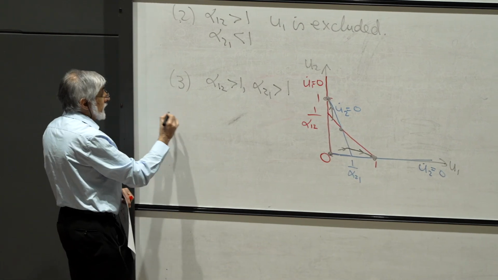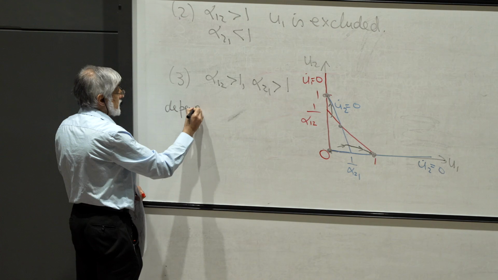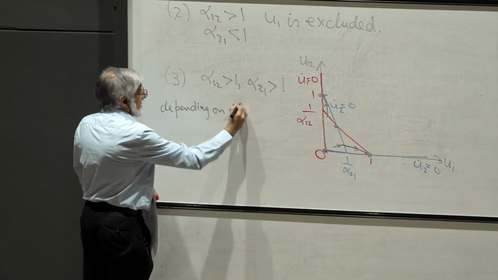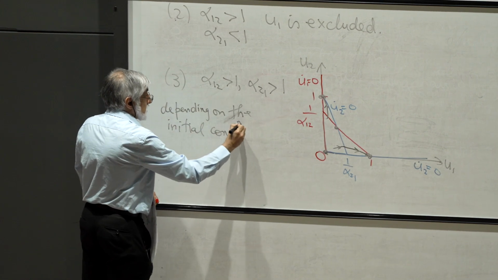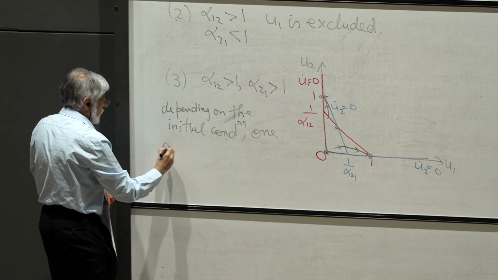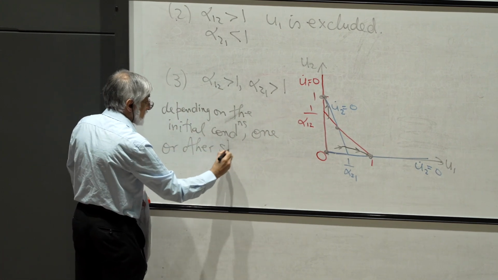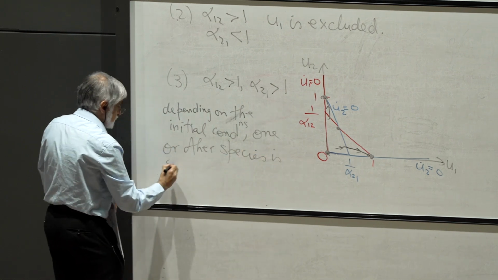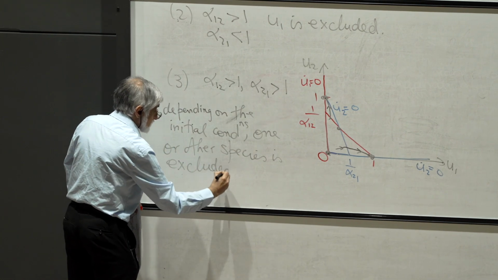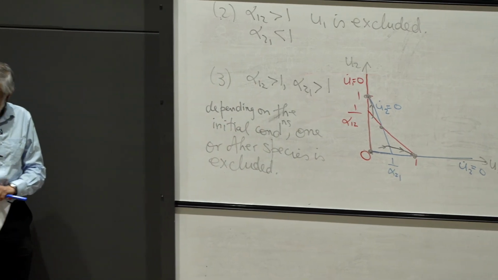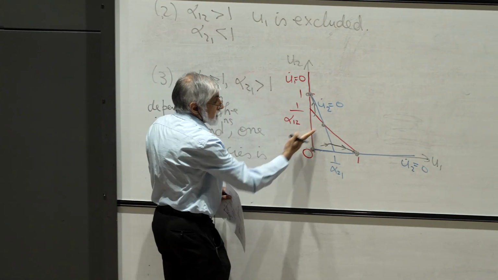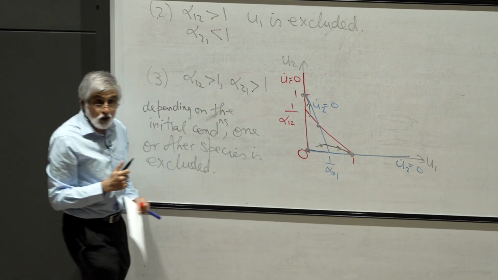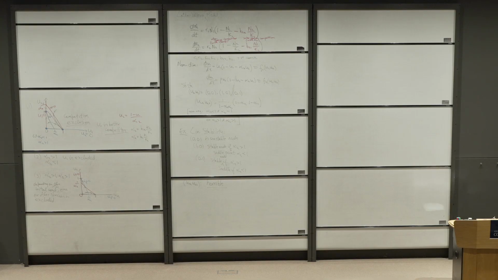So you can see here that depending on the initial conditions, one or other species is excluded. And beyond the course, as you know, with a saddle point, there are the stable and unstable manifolds.